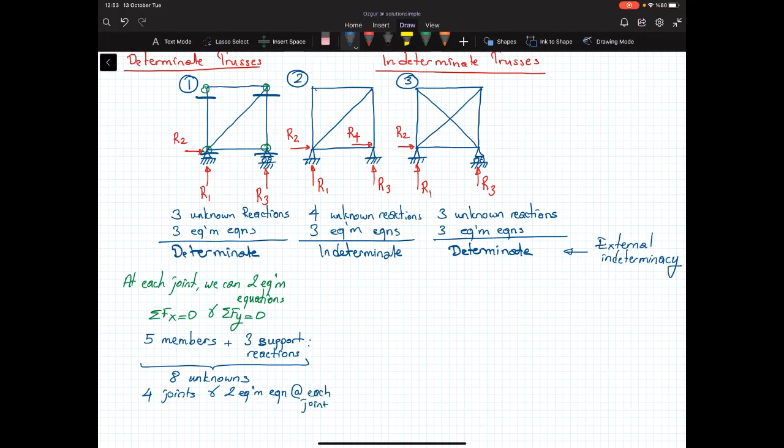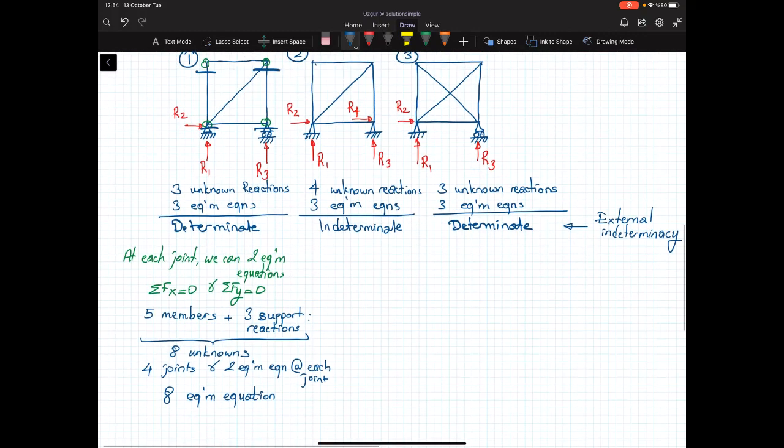So basically, I end up with 8 equilibrium equations. So in this first truss, I got 8 unknowns, 8 equilibrium equations. Again, that's a determinate structure for me. So I can determine also the truss forces.